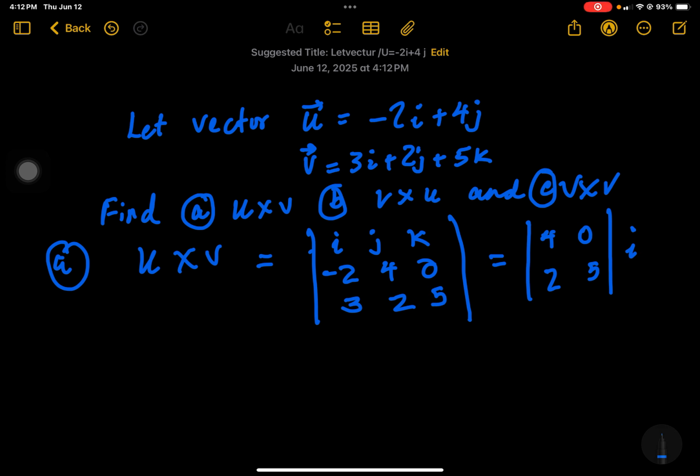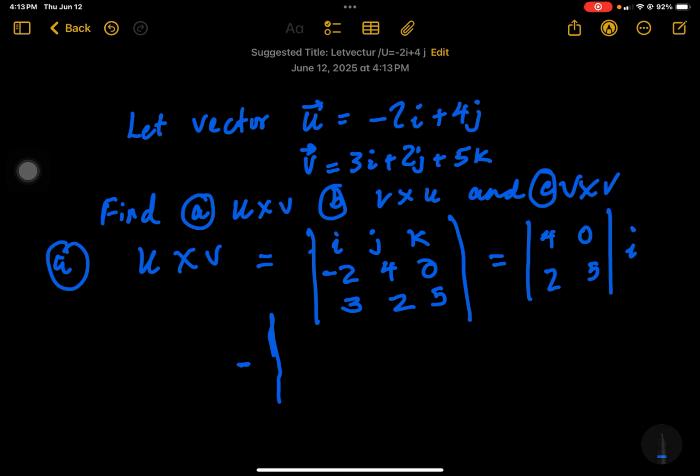Okay, minus. Now I'll draw a horizontal line through the first row and a vertical line through the second column.